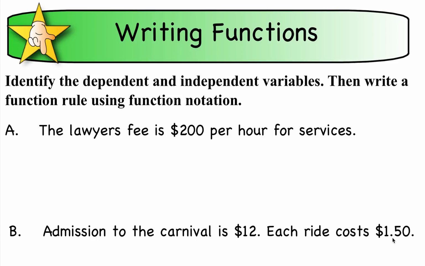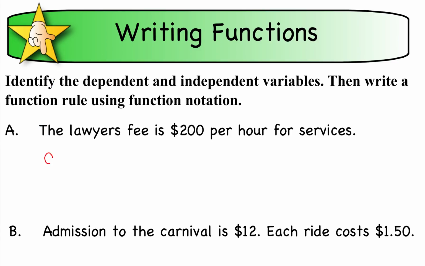So if we're going to be writing functions, we want to identify the dependent and independent variables, and then we want to write a function rule using function notation. So if we have the lawyer's fee is $200 per hour for services, we have two things going on, right? We have the cost that we're going to pay the lawyer, the total cost.